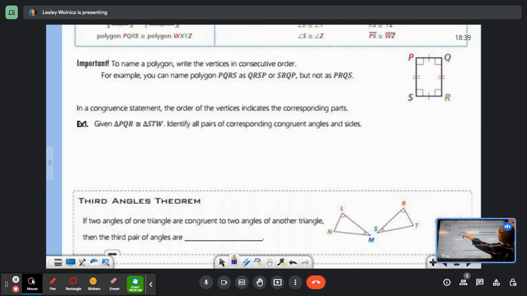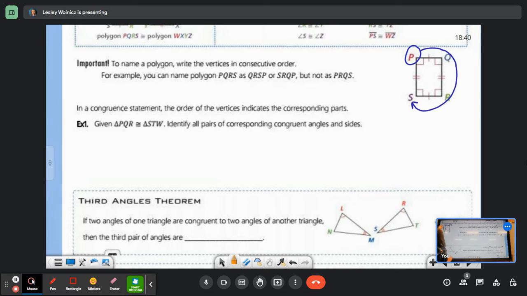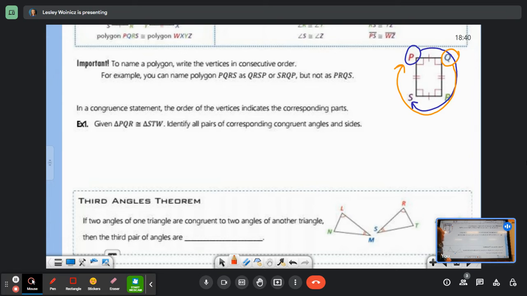For example, for this little polygon here, you can name it PQRS, starting at P and going around, or you can name it QRSP, starting at Q, going around, or you can call it SRQP. You start at one and go around in either direction.